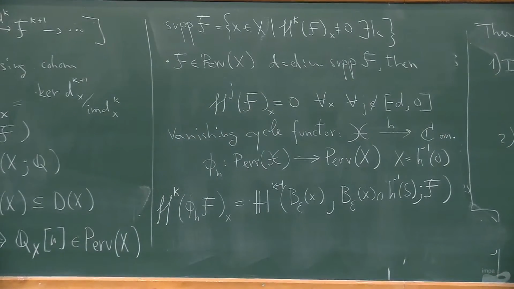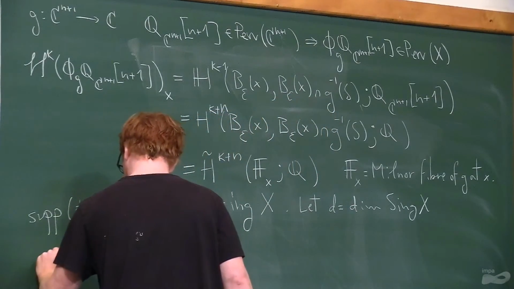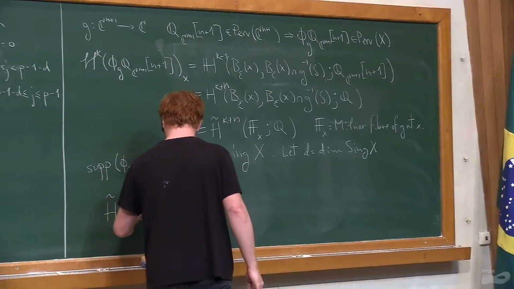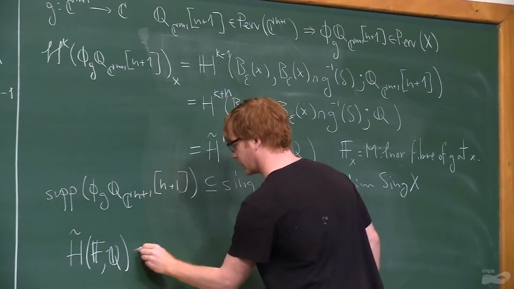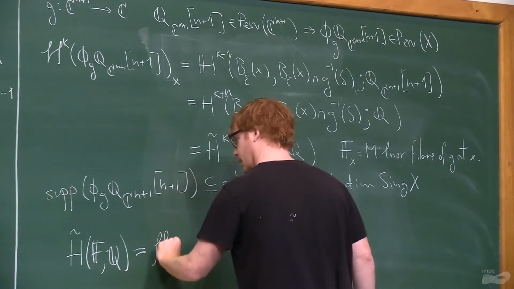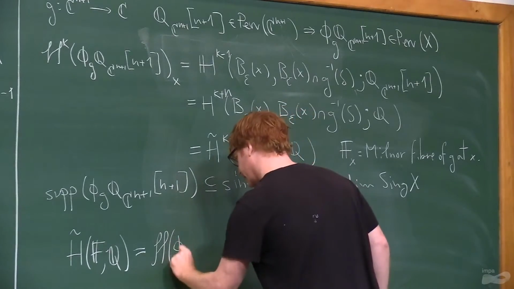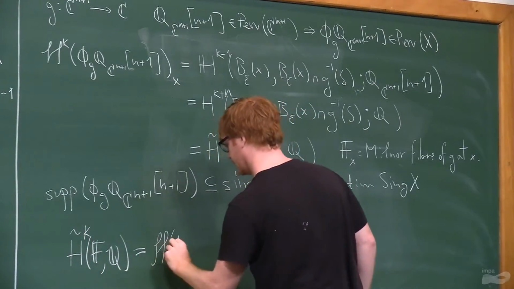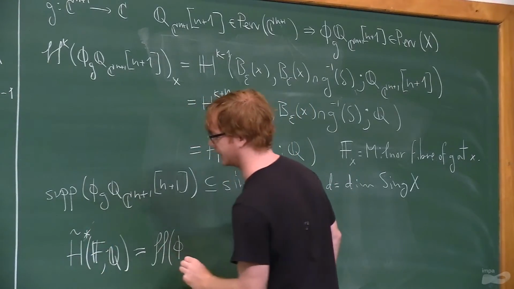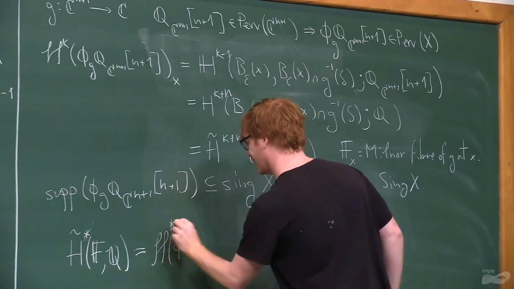If I want to compute the reduced cohomology of the Milnor fiber, well, that is exactly the stalk cohomology of my guy. Let me ignore the indices. You know that they have to fit because this is a well-established theorem.